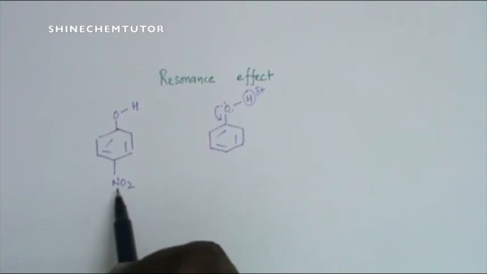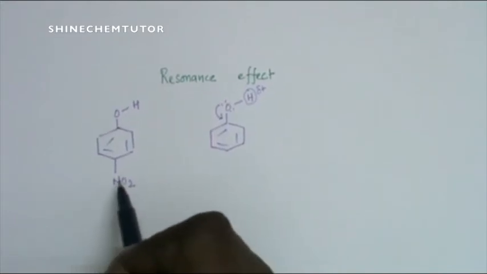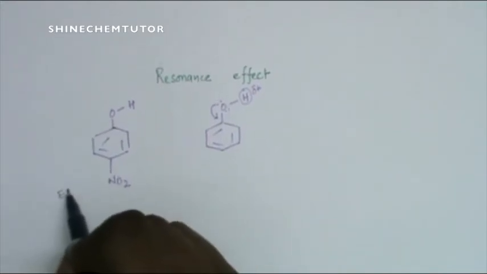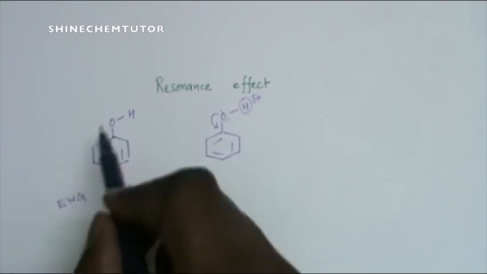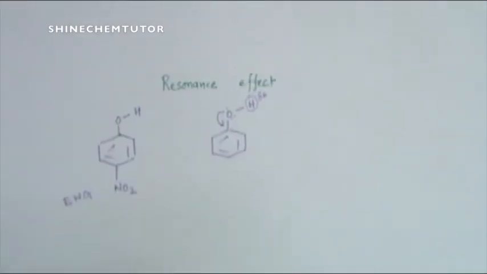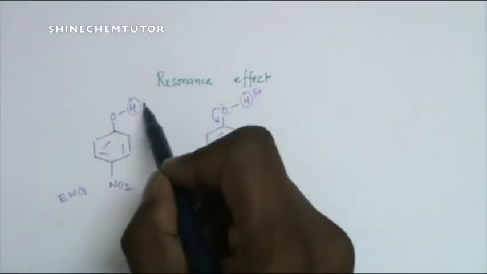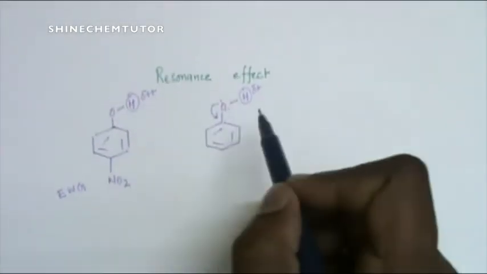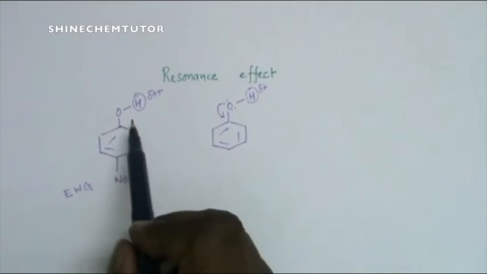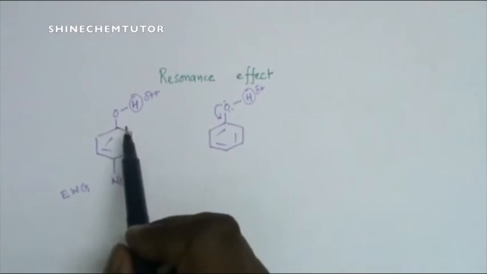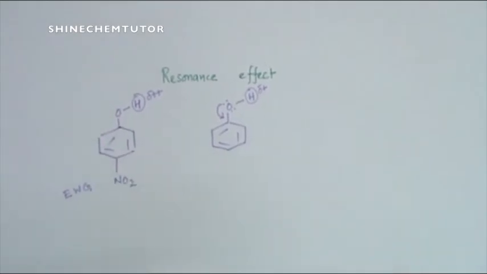When I add NO2, since it is electron withdrawing group, it will pull the electron cloud from oxygen. As a result, the delta plus on this hydrogen will be more compared to phenol. Because of that, 4-nitrophenol is more acidic compared to this.